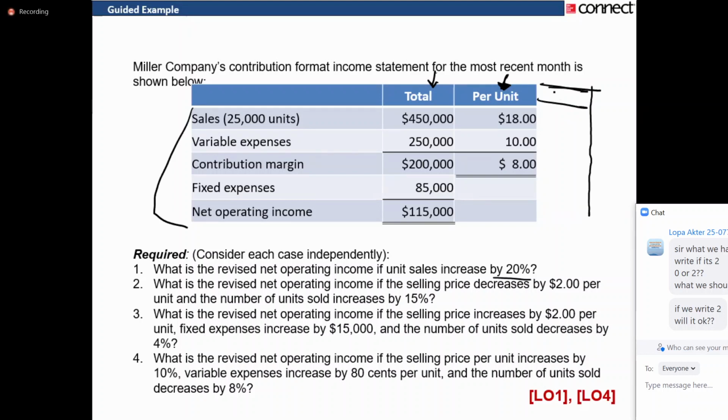So it is for requirement 1. Sales will go up by 20%. If the existing sales is 25,000 units, what will the sales be if it goes up by 20%? What do you expect?